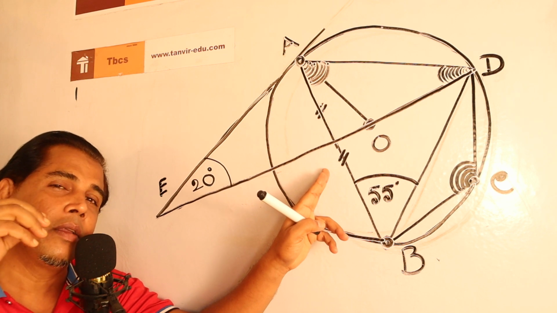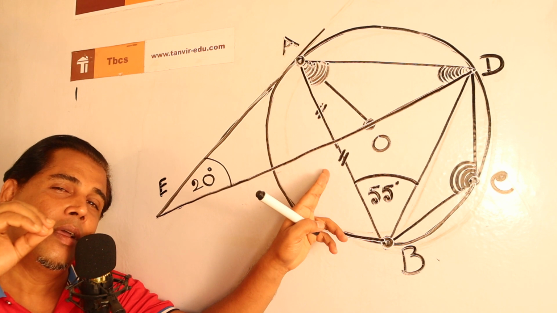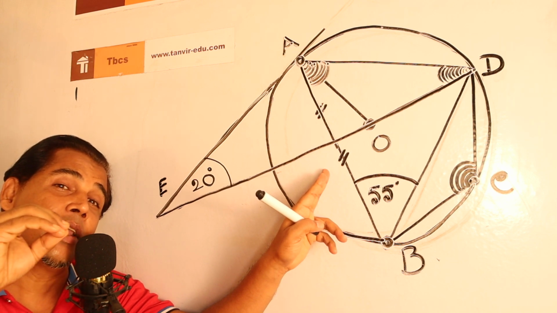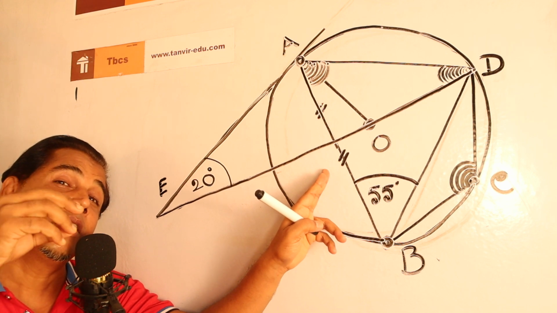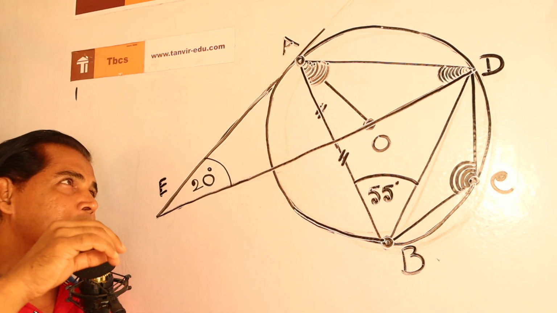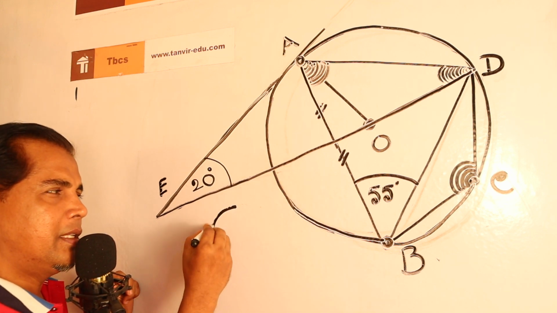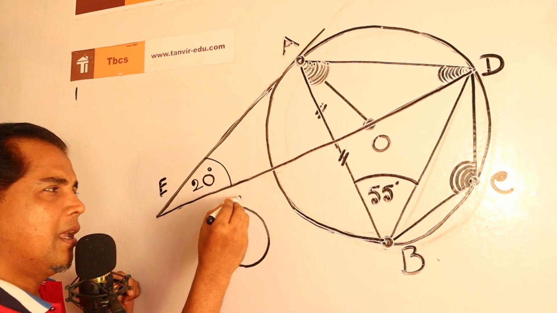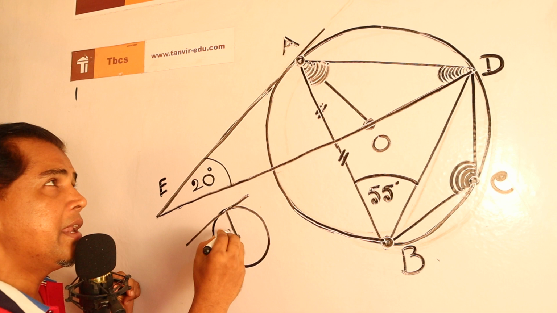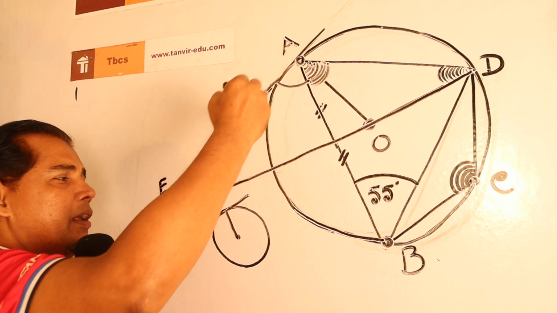It is true that the exam has trapped you and put you in a complex situation. But if you find the surrounding solution: this is a circle, this is a tangent, this is a diameter, and that will be 90 degrees.